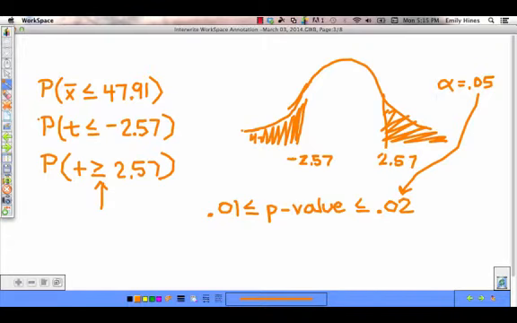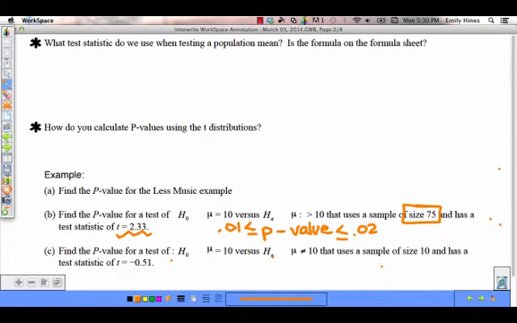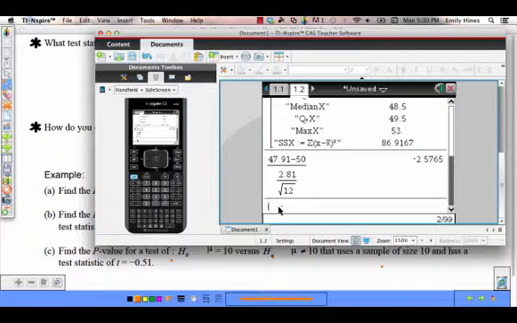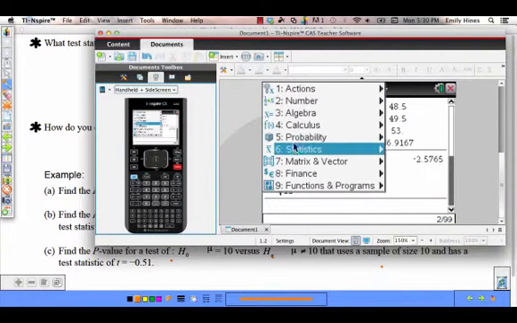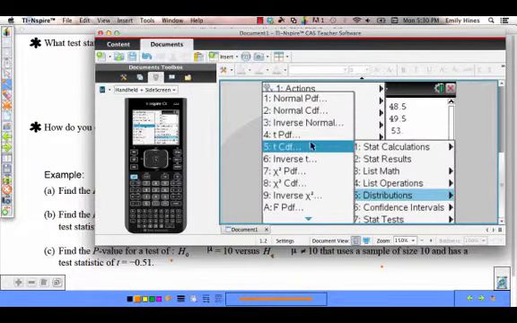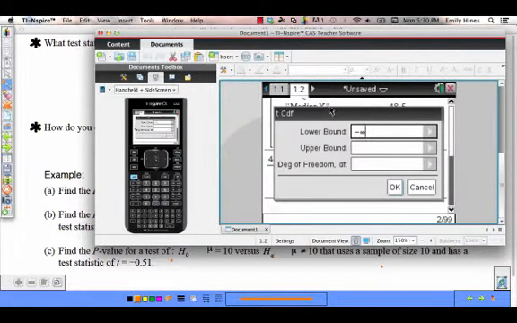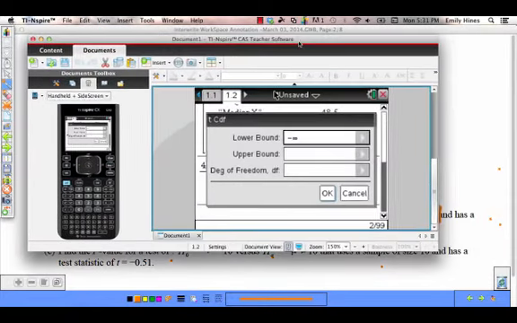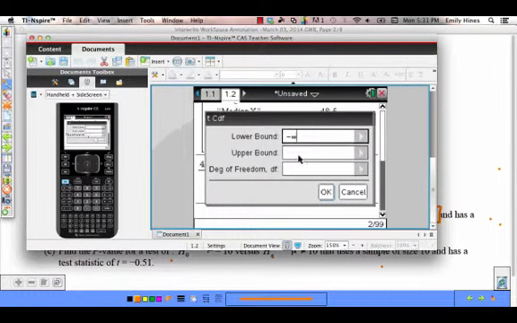You can also do this on the calculator. Just like there is a normal CDF for working with the standard normal curve, our z-scores, there is a t-CDF when you go to Menu, Statistics, Distributions. There's a t-CDF for working with the t-score. It works the same way. I put my lower bound in as negative infinity. I put my upper bound in as my t-score, negative 2.57.